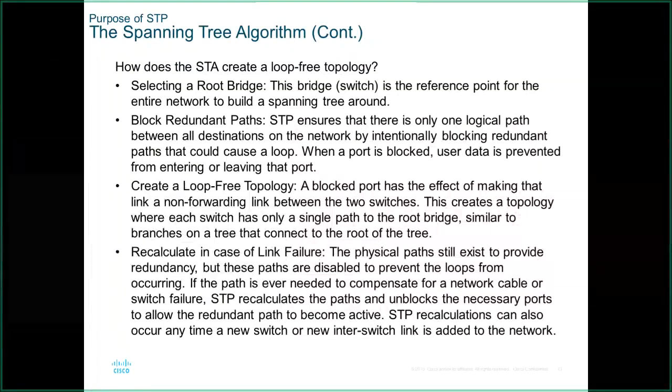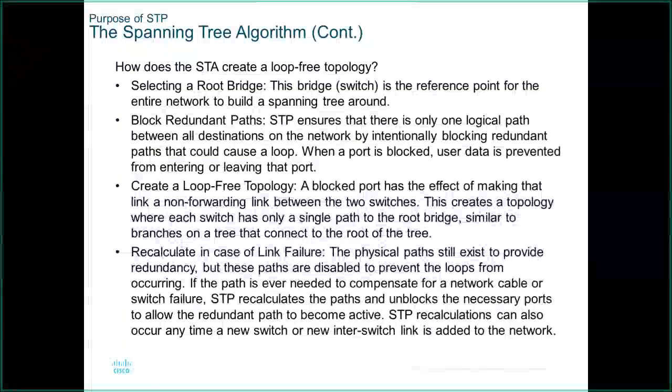Okay, so it recalculates the paths and unblocks the ports that it needs to unblock to provide a path back up to the root bridge. Now, these recalculations occur whenever there's a link down, a new switch is added in, or a new cable providing inter-switch connectivity.